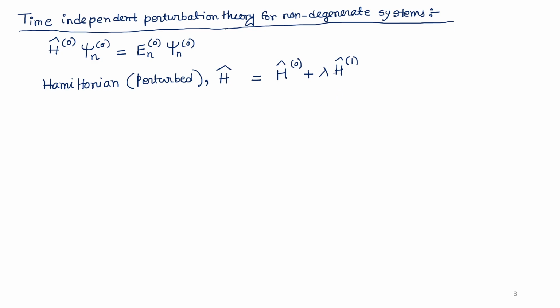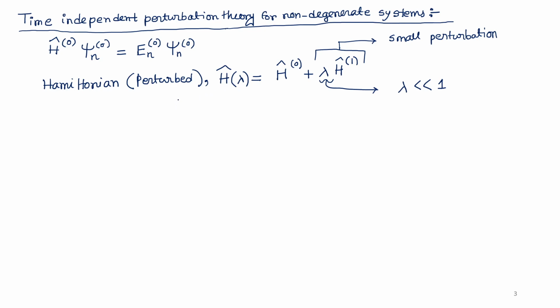This lambda is nothing but a constant, and lambda is much smaller than 1. So this is your perturbed Hamiltonian, the perturbed part, the small perturbation. As you can understand, the Hamiltonian will be dependent on lambda.